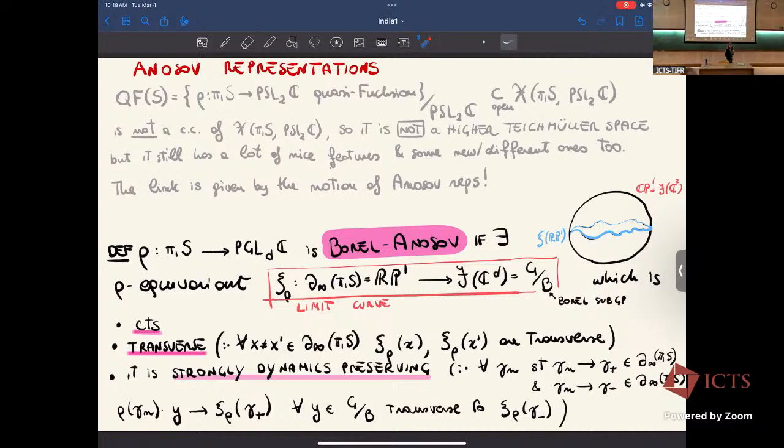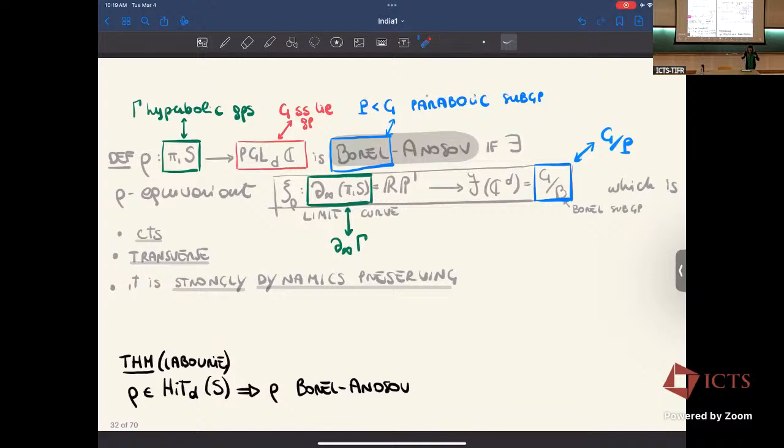Other question? And so as I was saying, you can generalize this in many ways. First, the domain doesn't have to be a surface group. It can be a hyperbolic group. For today, it will be a hyperbolic group. I will just stick to that case, even if our theorem works more generally.